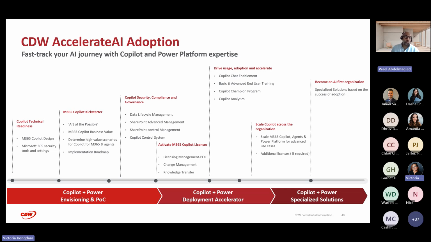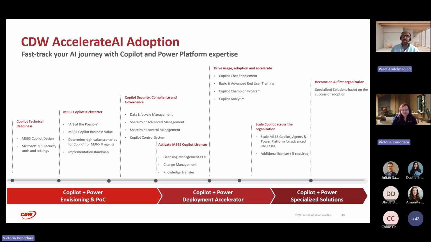This roadmap starts with the Copilot technical readiness, which is high level engaging from the customer perspective, the solution security architect, the IT executives, and start to share high level how Copilot will be designed and check your settings and information. And this is a quick 2 days engagement.